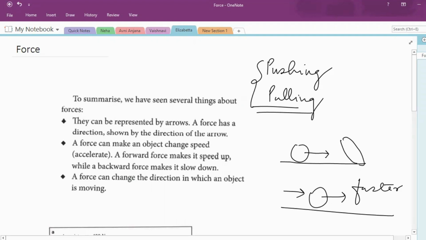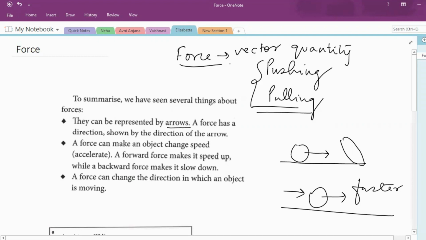So we'll see this now. This is a summary of whatever we spoke about just now. It's saying that force can be represented by arrows, like I was doing these arrows right here when you're applying a force like this. Because force is a vector quantity, you remember I told you about scalar and vector quantities?